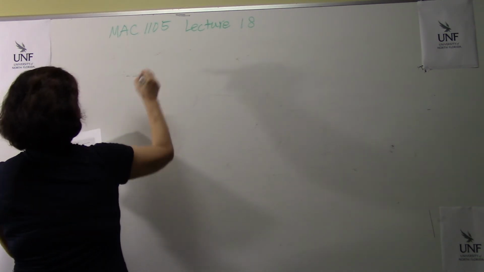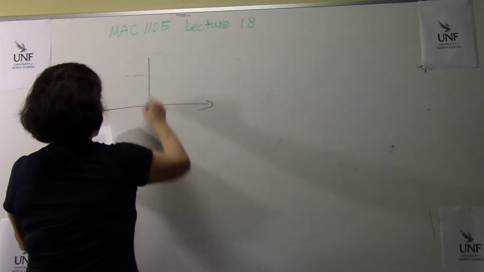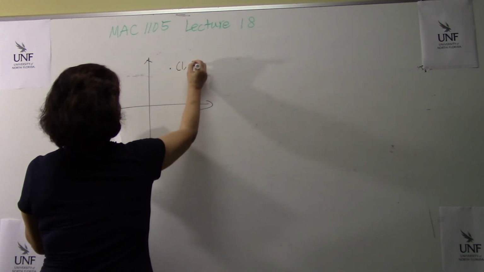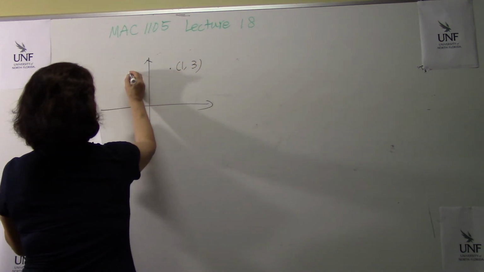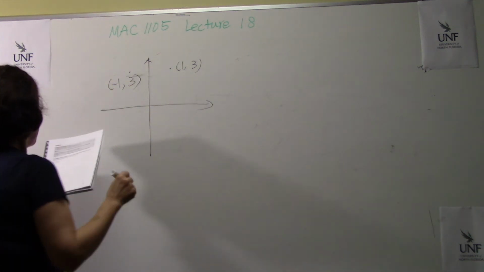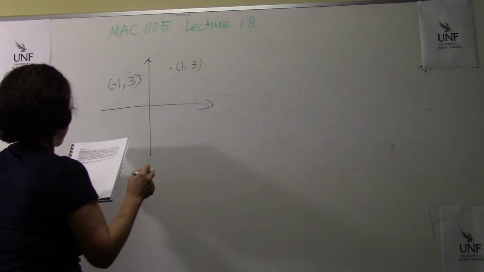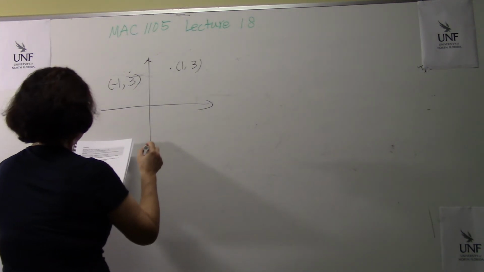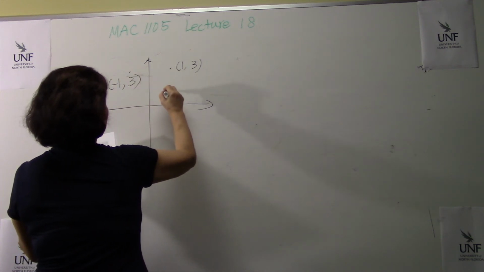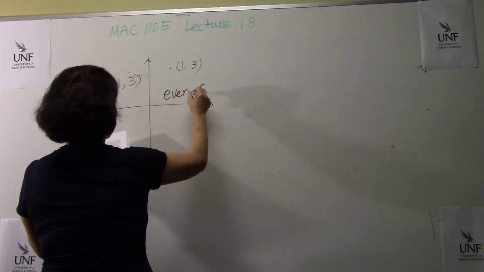So if you have over here 1, 3, when you change it to -1, still 3, positive 3, when they are equal, in that case, this is a graph of an even function.